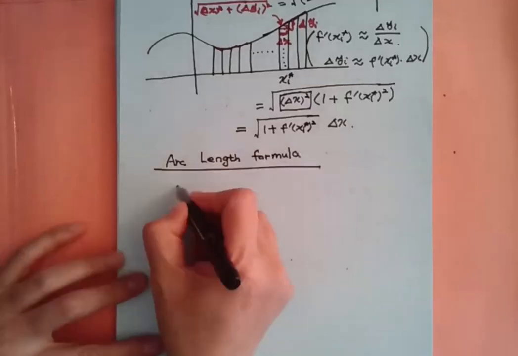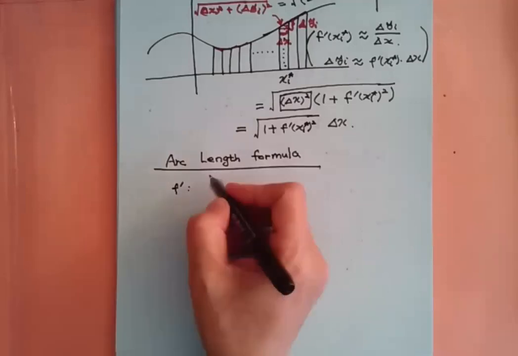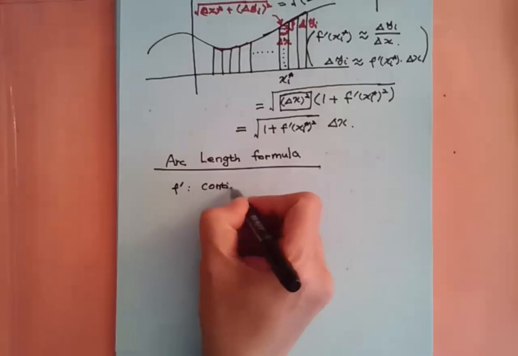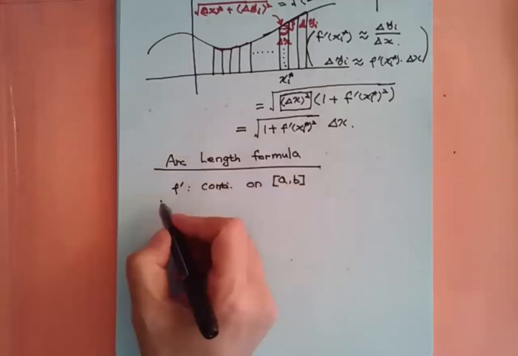So let's suppose that f prime is continuous on the closed interval a, b.